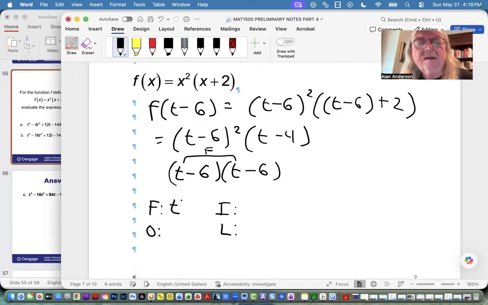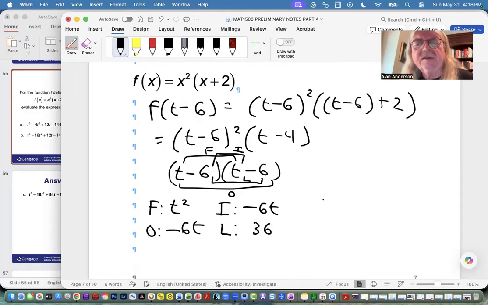T squared minus 6t, again minus 6t, and positive 36. We end up with t squared minus 12t plus 36.